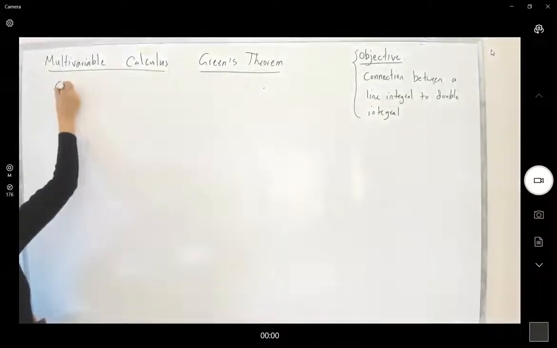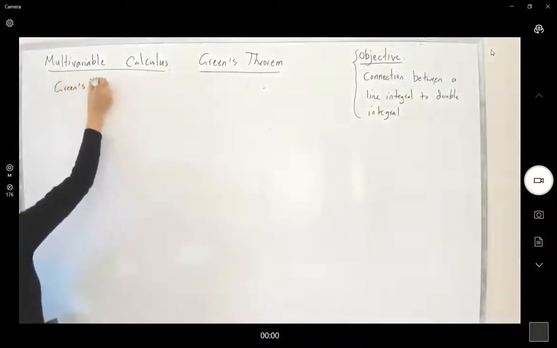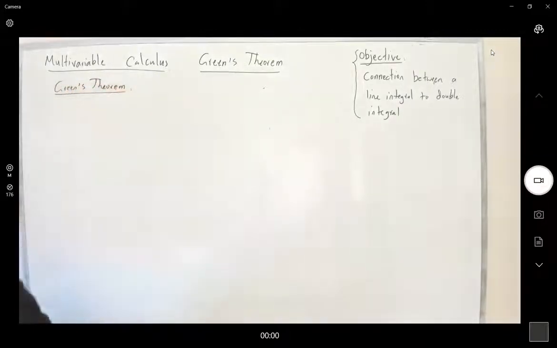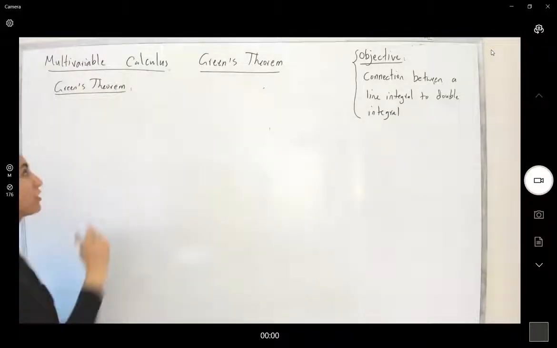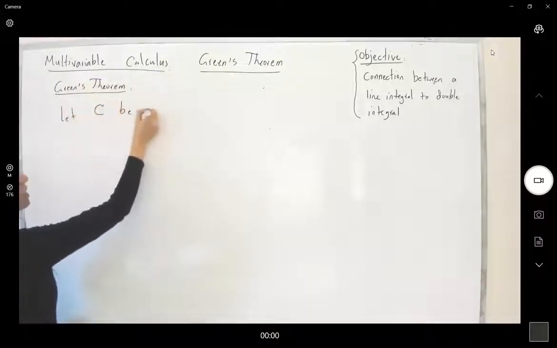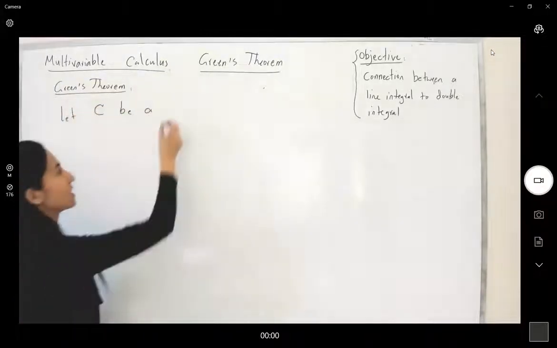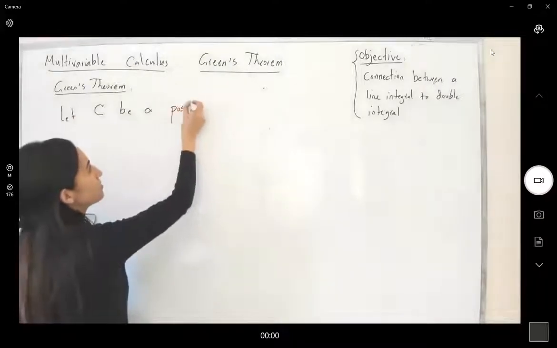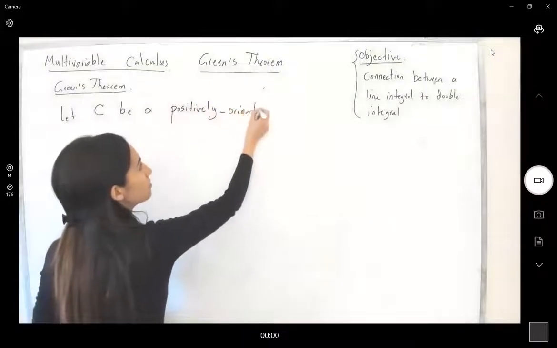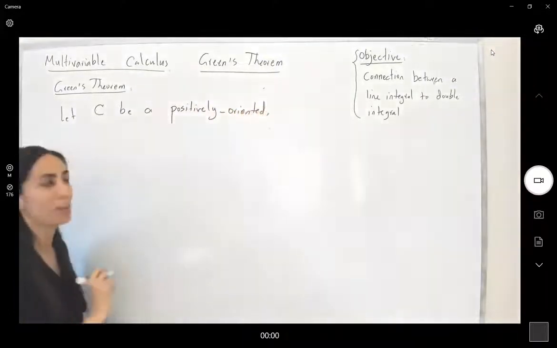So Green's theorem says we start by having a curve. Let C be a positively oriented, smooth curve.